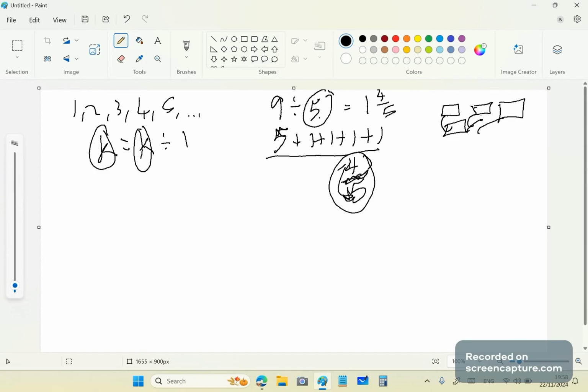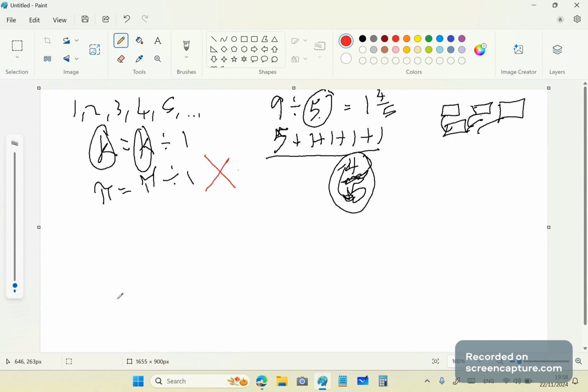There's no such thing as an irrational number, because that's like saying irrational rational, which is garbage. It's an oxymoron.